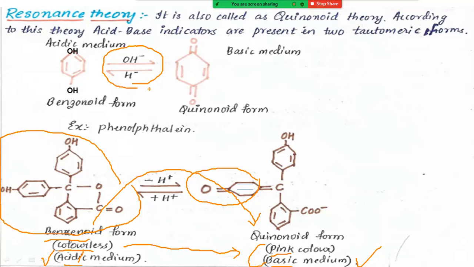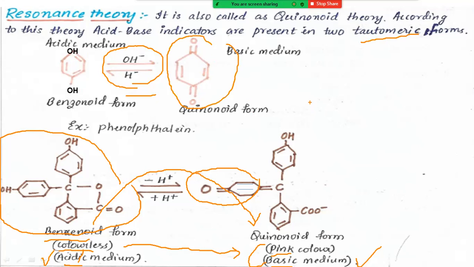When the medium changes, tautomerism occurs in the solution, and H plus ions will be removed from the compound so that we can get a quinoid form. This quinoid form gives another color, depending on its medium. This theory is called resonance theory. Resonance theory also explains the behavior of acid-base indicators, how they work in two different media.